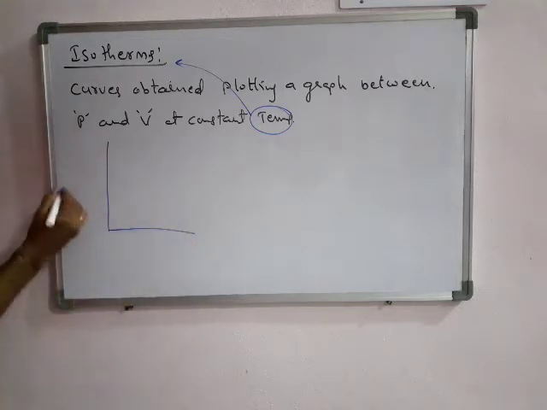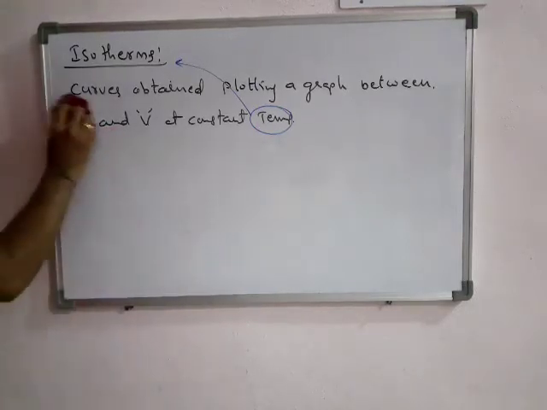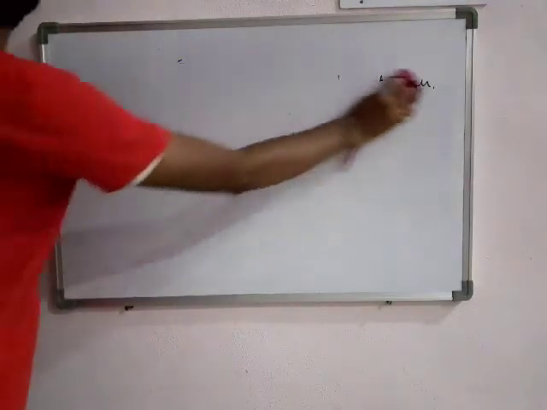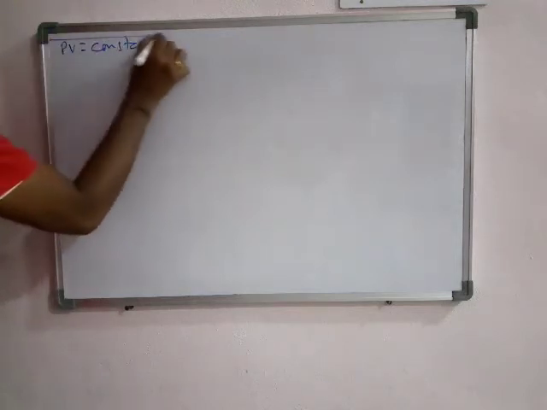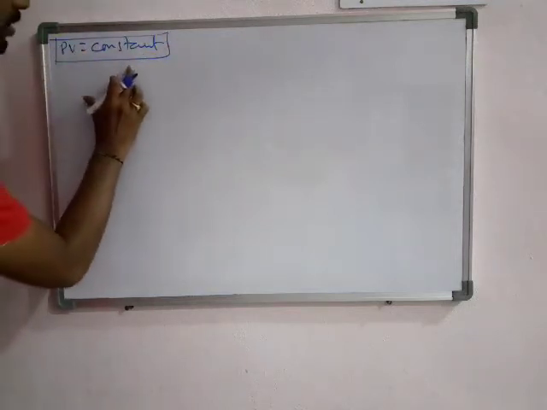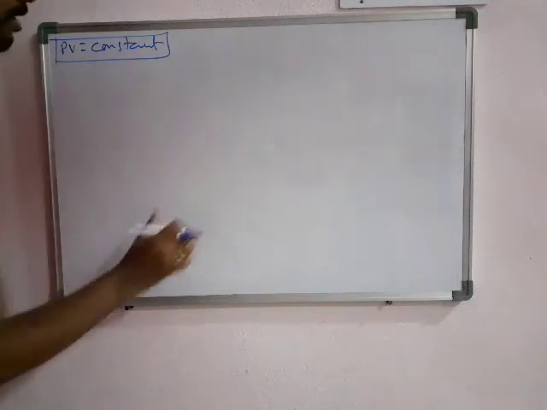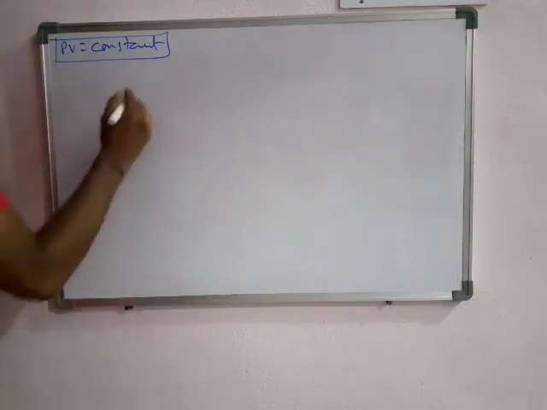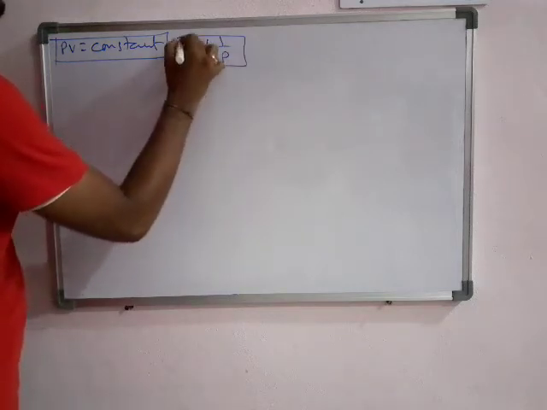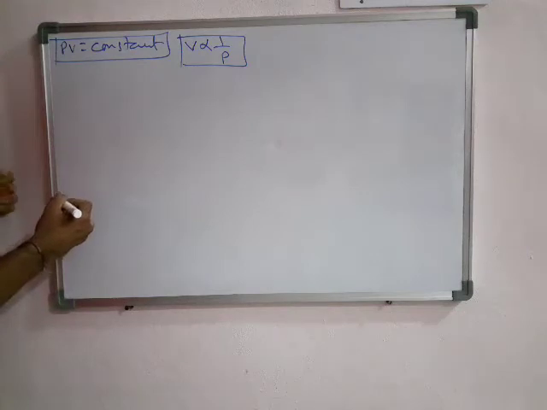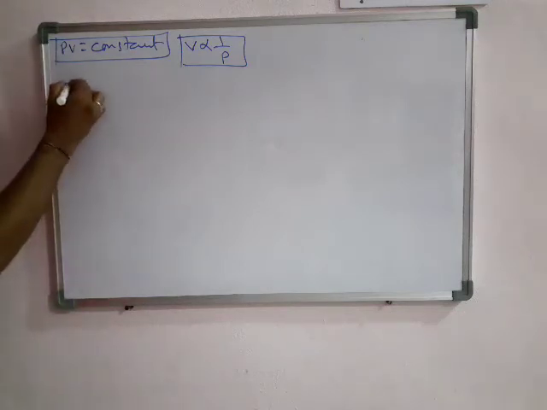Okay, now we see the different graphs for it. What is the Boyle's equation? PV is equal to constant. So based on this equation, we are going to draw the graphs, nothing but V proportional to 1 by P. See the first graph.